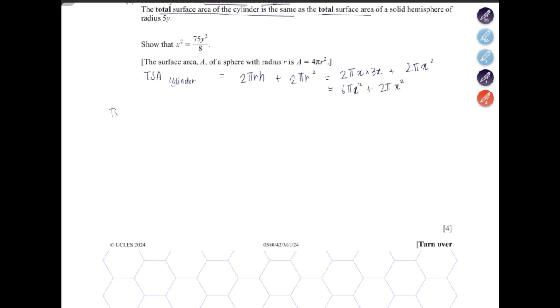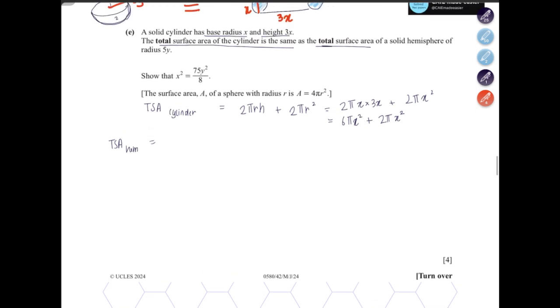We can find the TSA of the hemisphere, not the cylinder. The total surface area of a sphere is 4 pi r squared.